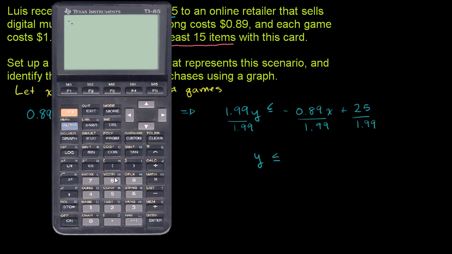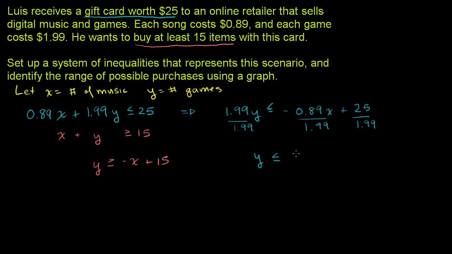Negative 0.89 divided by 1.99 is equal to negative 0.447, I think is pretty good. Negative 0.447x plus 25 divided by 1.99.